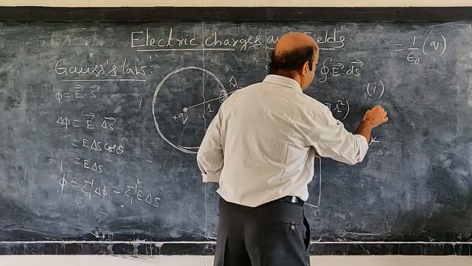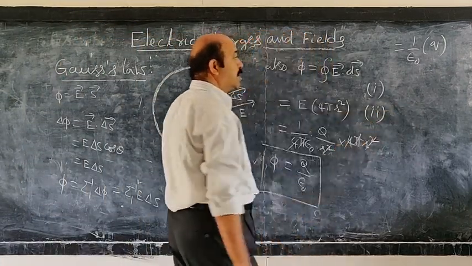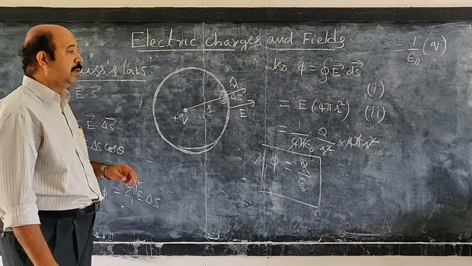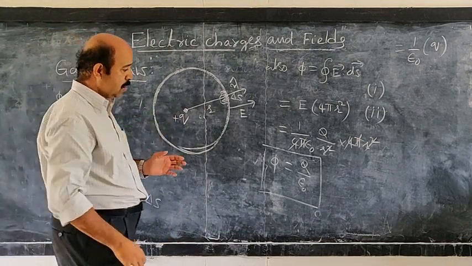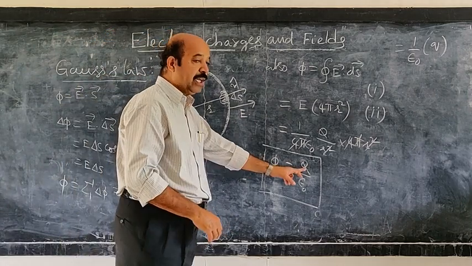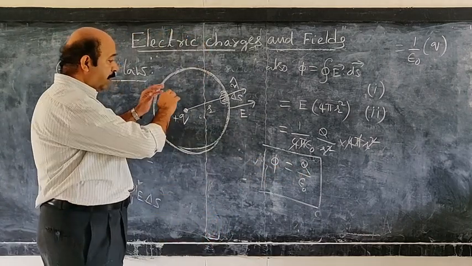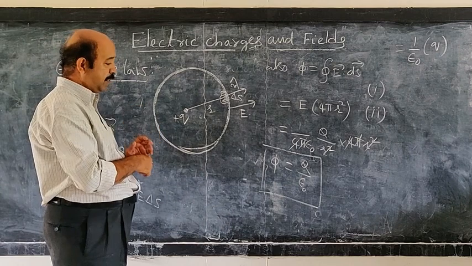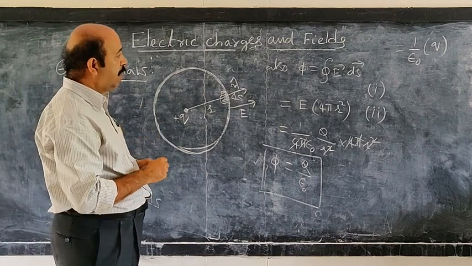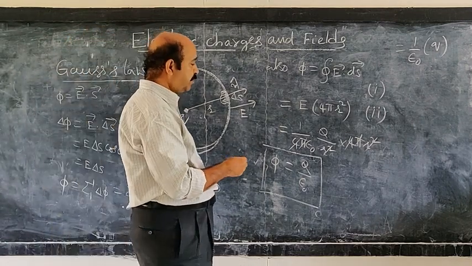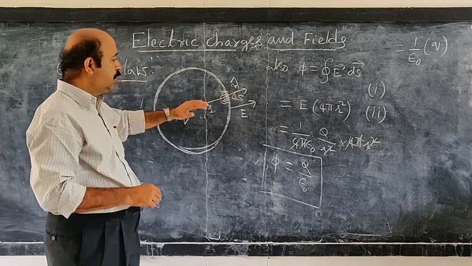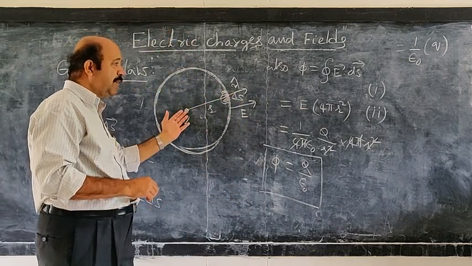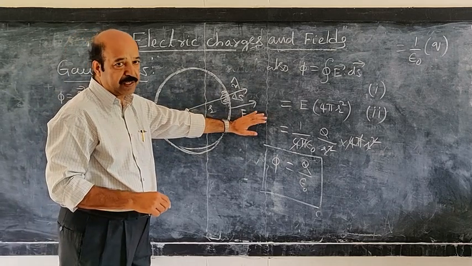Another important point you must remember is while calculating the electric flux, the charge you are getting is the total charge inside the surface, but the electric field may be due to the charges present inside the surface or outside the surface.